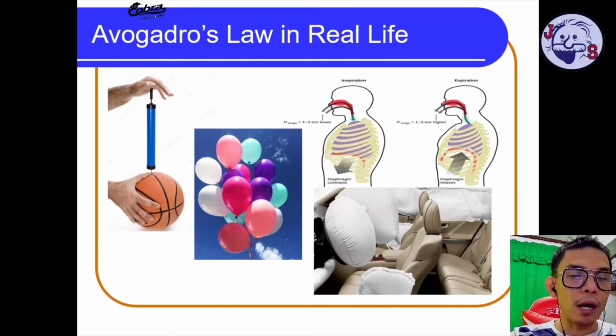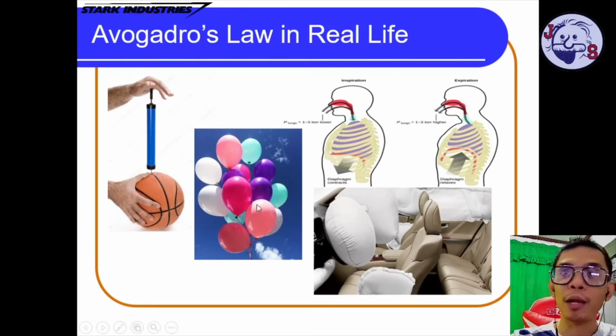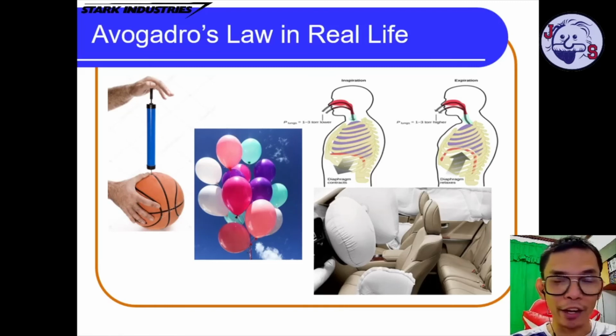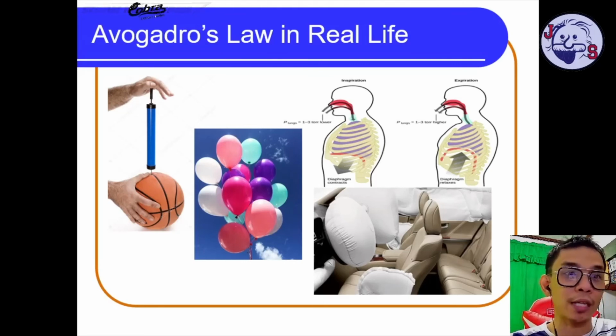Now logically speaking, the more air that you pump into this basketball, the more air that you pump into this balloon, the more the volume of the balloon and basketball will increase. So it tells us that the greater the amount of gas that you put inside these containers, then definitely its volume will also increase.